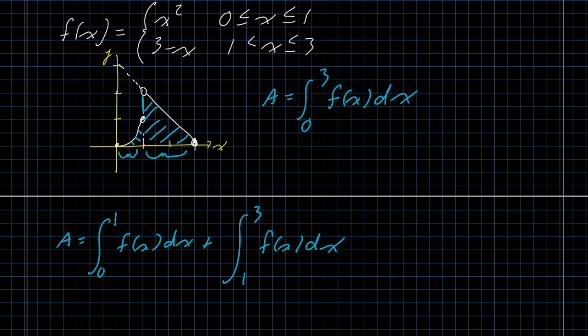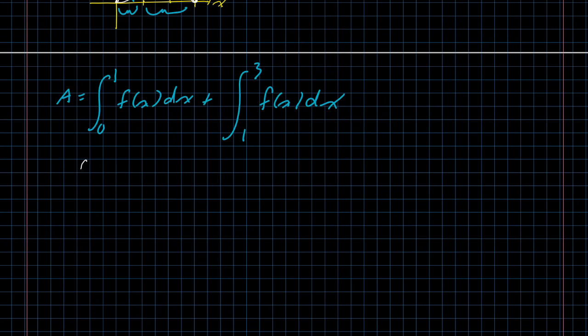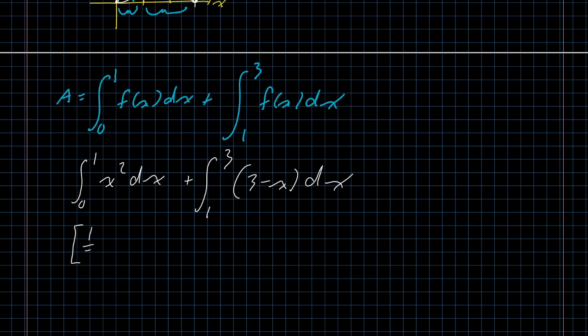And in those regions, my piecewise defined function settles down. Between 0 and 1, the function is just x squared. Between 1 and 3, the function is just 3 minus x. The integral of x squared, an antiderivative, is 1/3 x cubed.